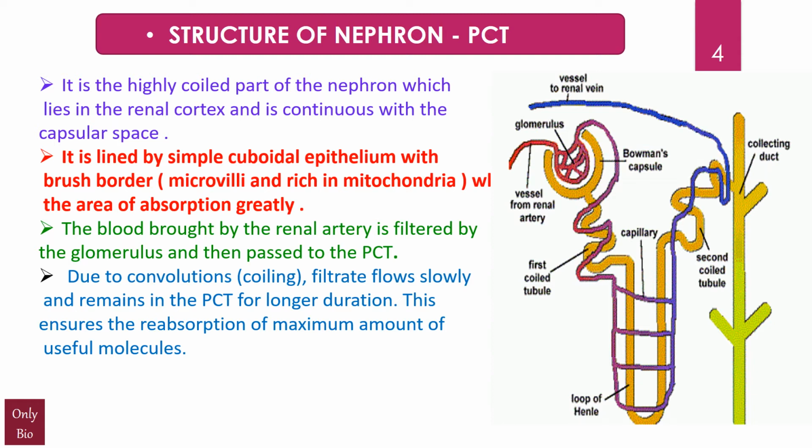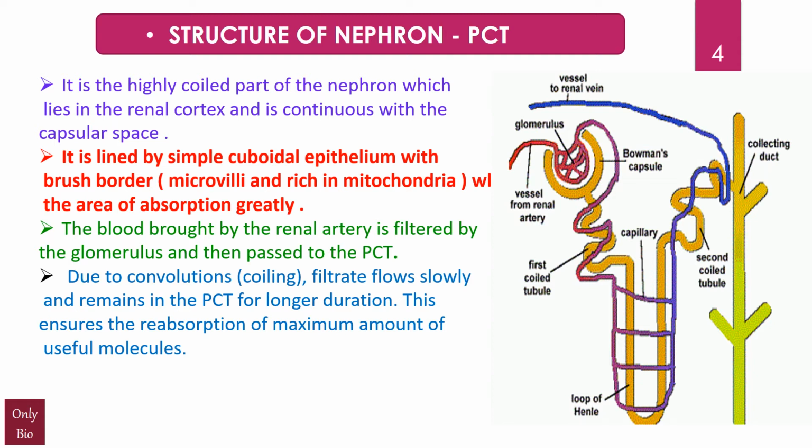Now, why is the PCT the main site of selective reabsorption? The reason is that it is quite a long tube and highly coiled, so it has a larger surface area for reabsorption. Just imagine if the PCT had been a straight tube. What would have happened?